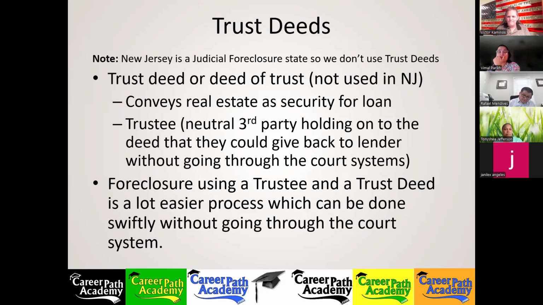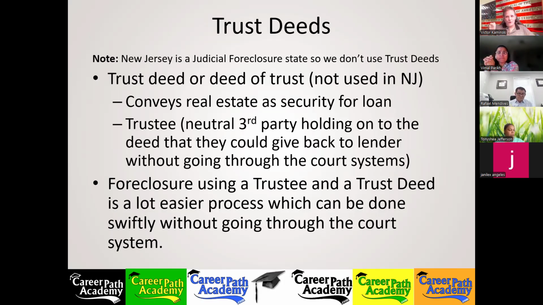We don't do that here in New Jersey. In New Jersey, foreclosure is a judicial process that goes through the court system. So foreclosure using a trustee, which is a neutral third party, and a trust deed is a lot easier, smoother process without going through the court systems to do the foreclosure. Okay, they're just holding on to the deed that you sign, right?